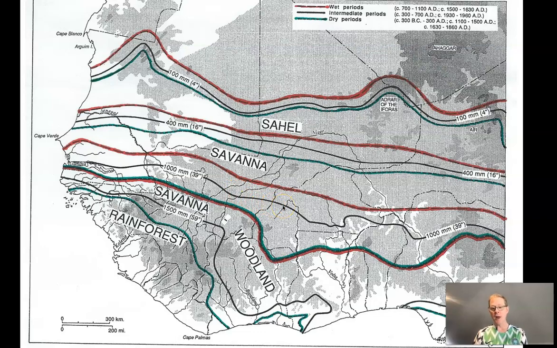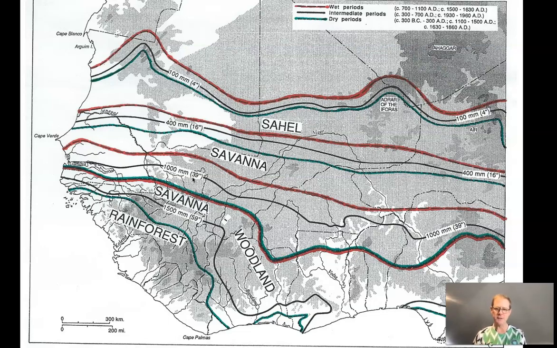That's also an important line. For not only does it divide the savanna from the savanna woodland, but it also means that any place south of that line, so any place that gets more than 39 inches of rainfall a year is going to have tsetse flies.